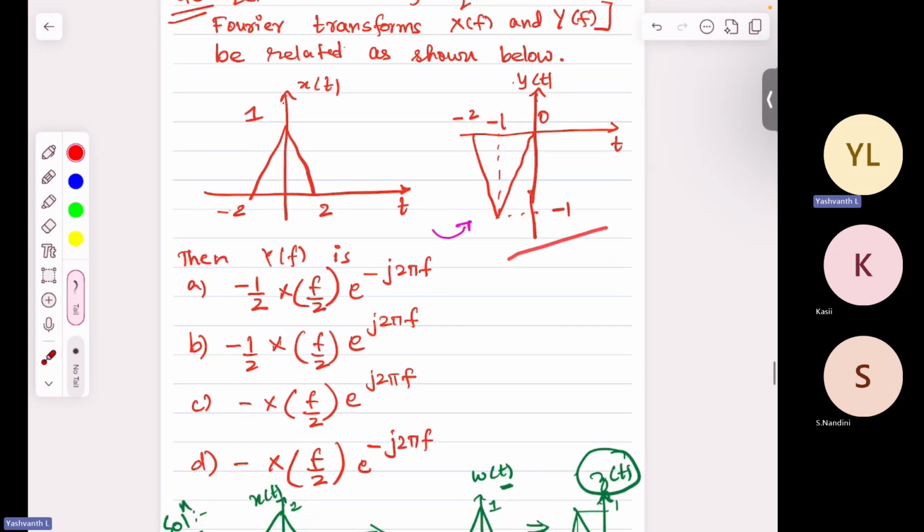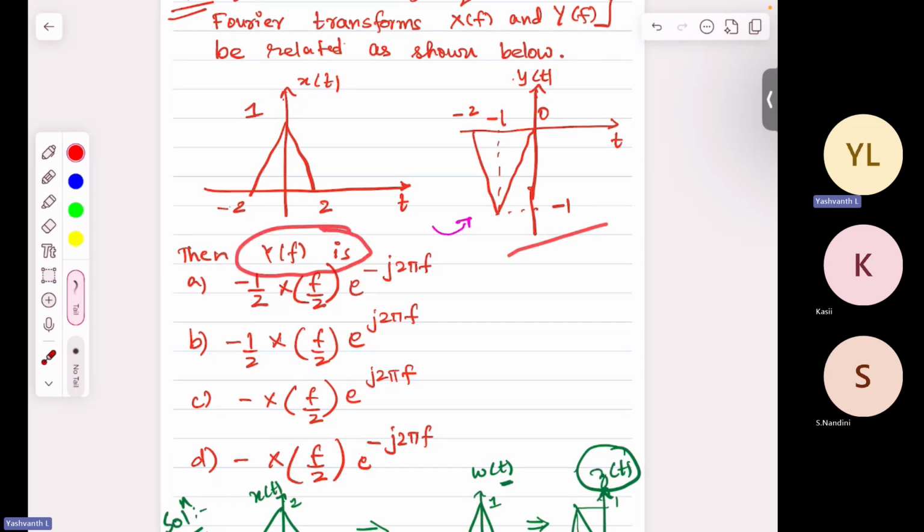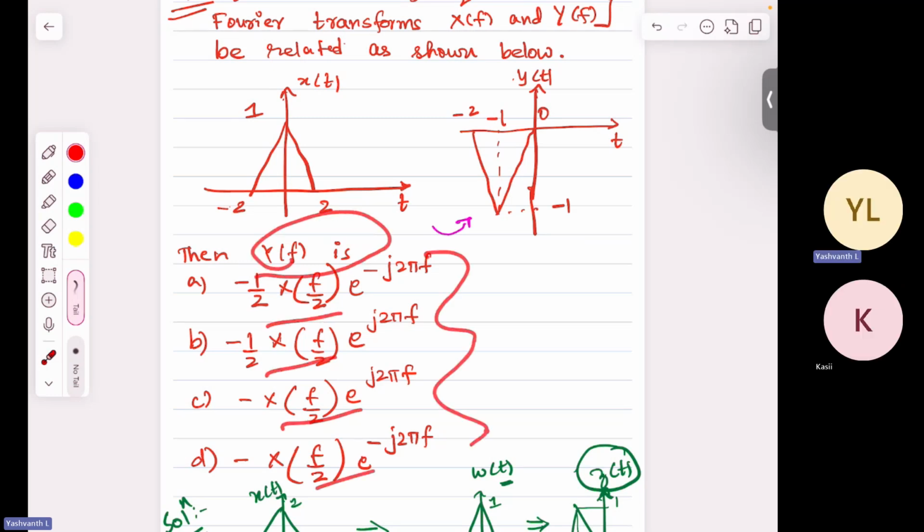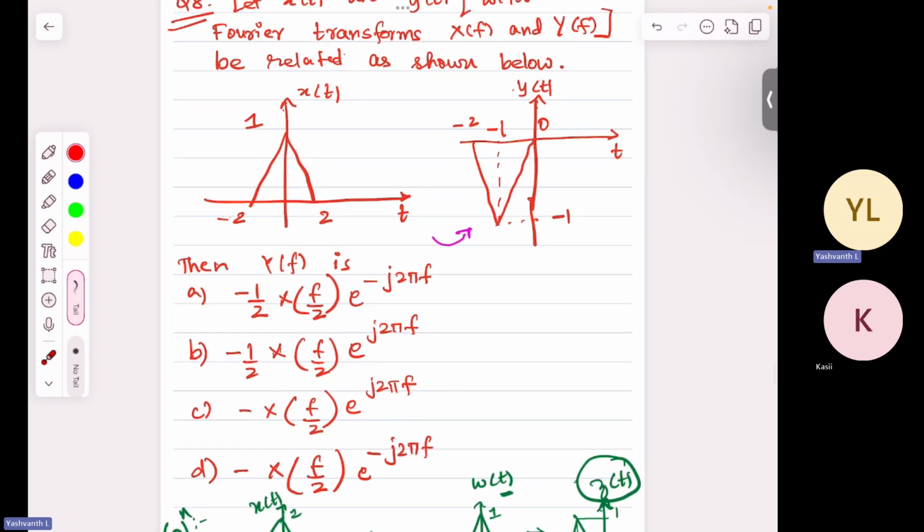The question is, how is y of f related to x of f? We need to express y of f as a function of x of f. You see, all four options are like that. This is also a GATE question, but I maybe forgot to indicate the year. So for this, the key trick is to somehow express y of t.